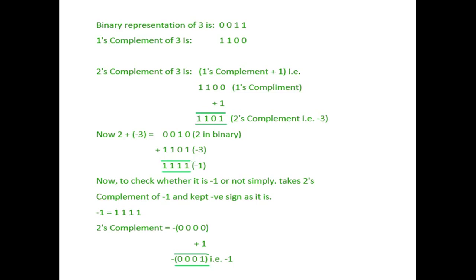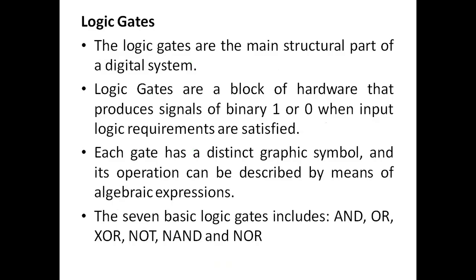I have one shortcut method for that. Take the 2's complement of the above result. Then finally we get 0, 0, 0, 1, that is minus 0, 0, 0, 1.